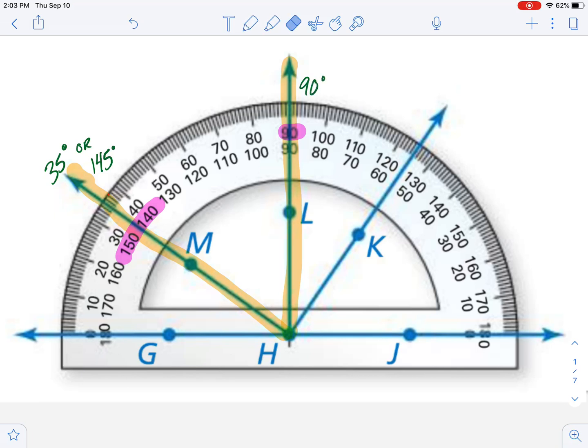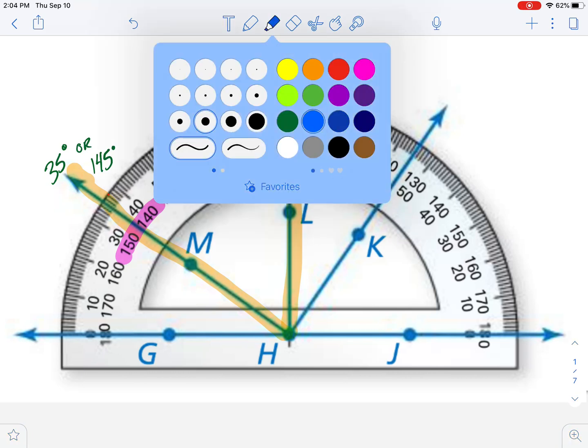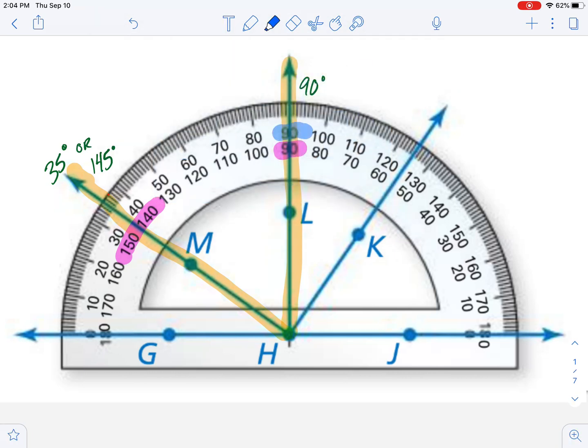So just like I said with our distance formula, you don't need to worry about which one was x1, y1 and which one was x2, y2, as long as you were consistent. Same idea here. You don't need to worry about which set of numbers you pick as long as you are consistent.